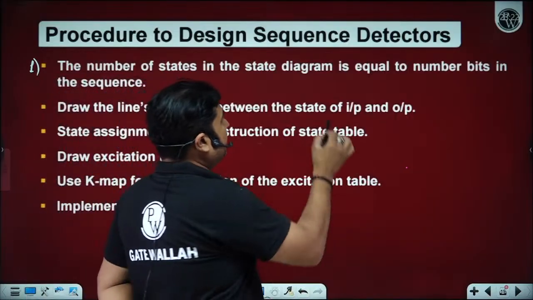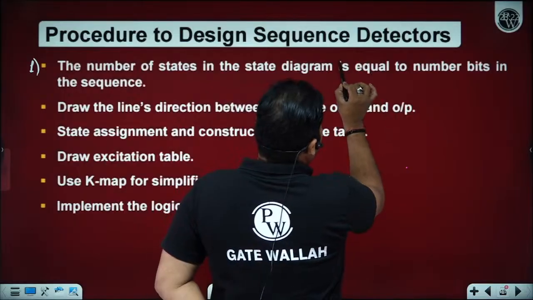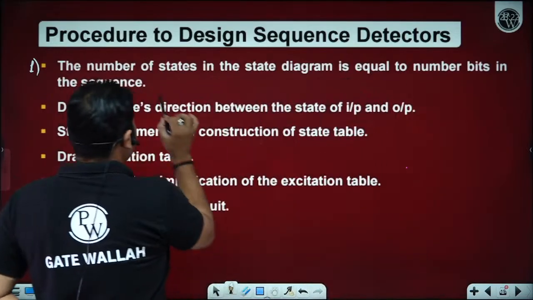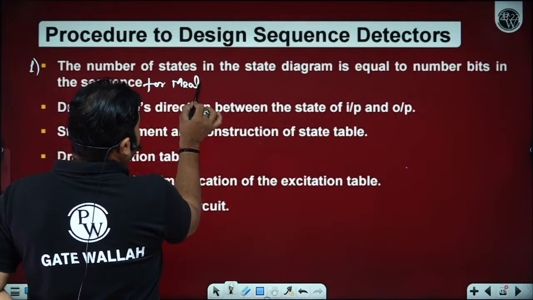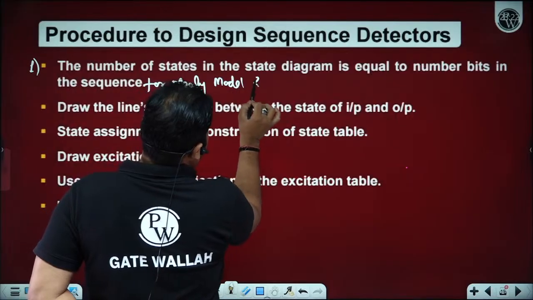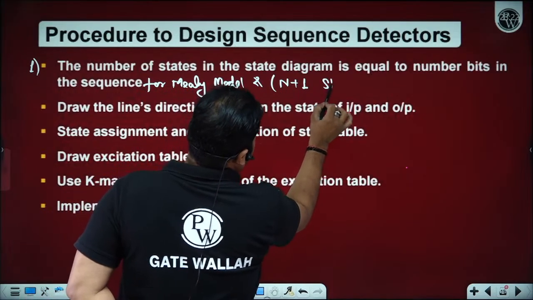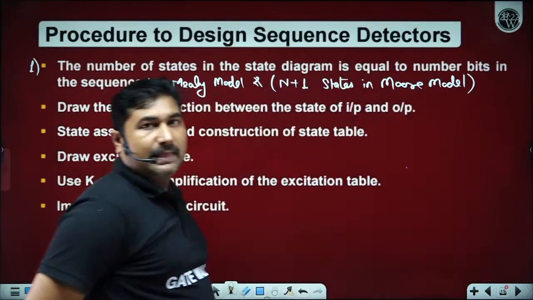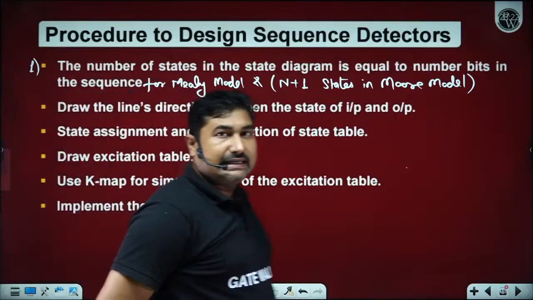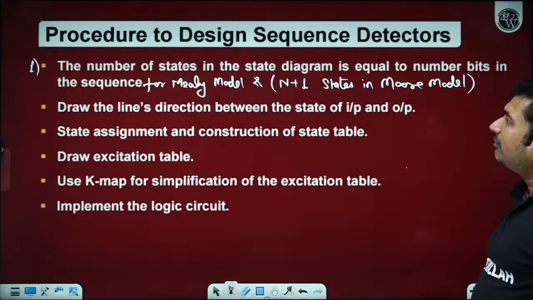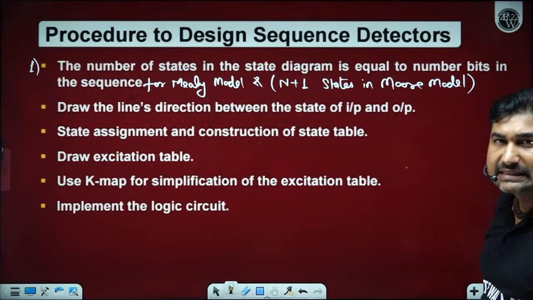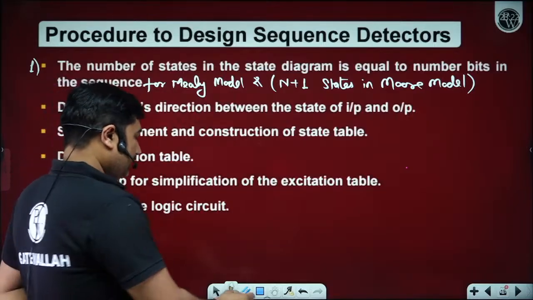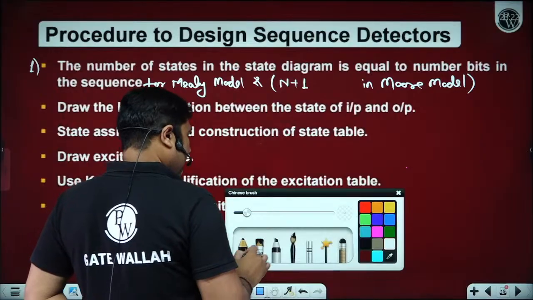The number of states required in a state diagram is equal to the number of bits in the sequence for the Mealy model, and the number of bits in the sequence plus 1 for the Moore model.